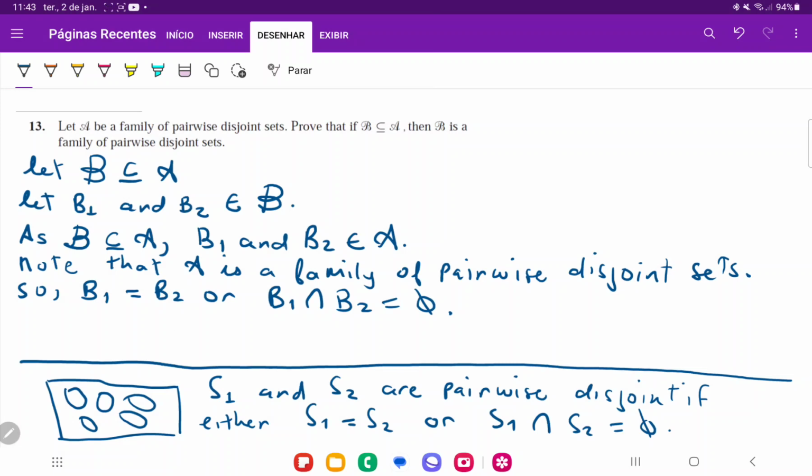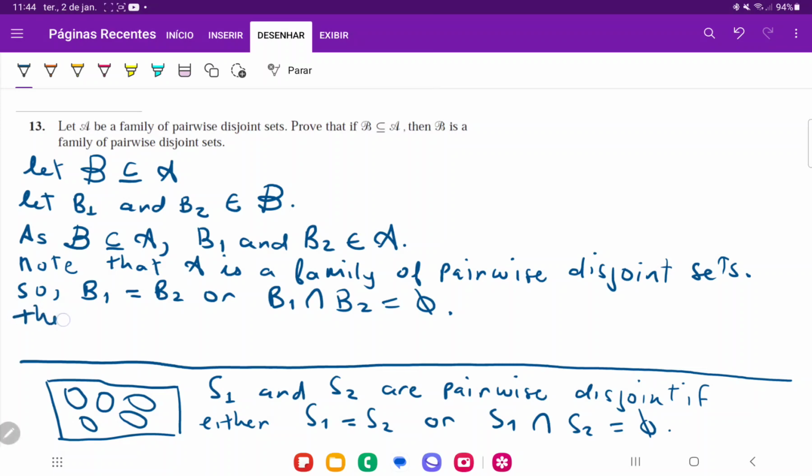So we have shown that for these two sets that we got from the family B, those two sets must also be in the family A. And because A is a family of pairwise disjoint sets, it must mean that B1 and B2 are pairwise disjoint. So because we took two generic sets, right, we didn't assume anything about them, it just shows that any two sets from the family B will have these properties.